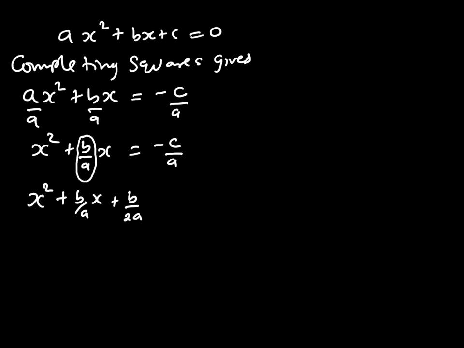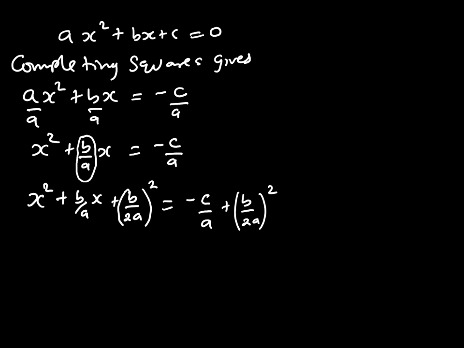Remember, b over a is the coefficient of x, but we multiply it by half. So we multiply by a half, you get b over 2a. We square and add on both sides, equal to minus c over a plus (b over 2a) squared.